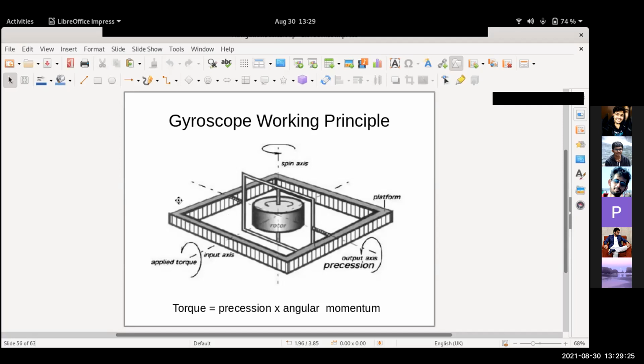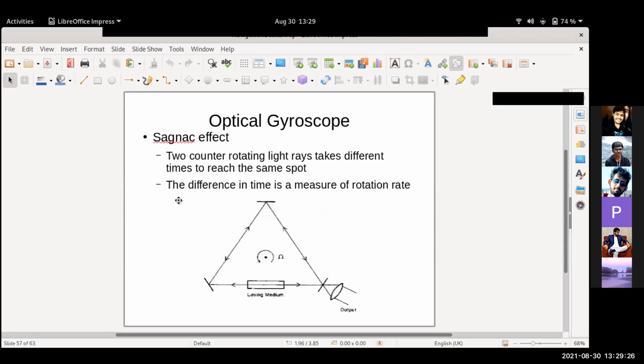Now let us go to this optical gyroscope, another mechanism without a moving part. In this particular case, if you look at the right hand side, you have to imagine it as both the source as well as the output part.